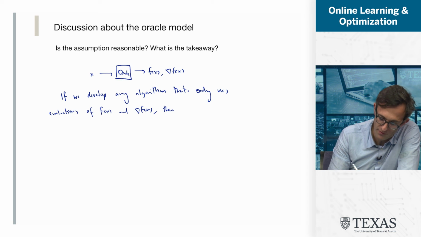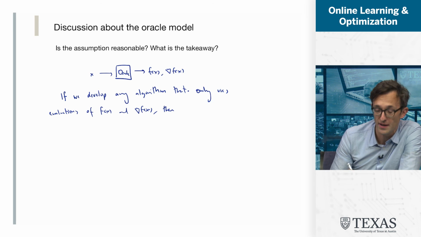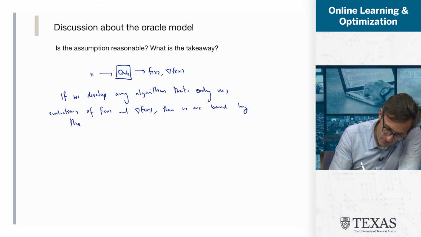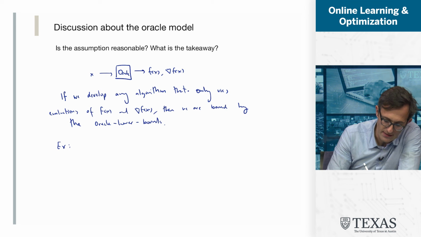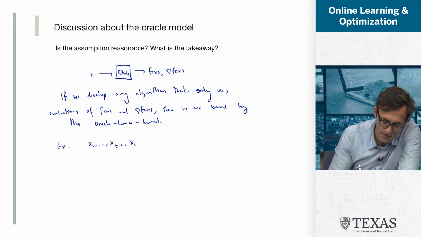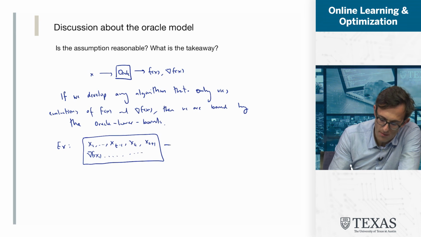So in other words, again, if we develop any algorithm only using evaluations of f of x and the gradient of x, then we are bound by what we've called these oracle lower bounds. So, just as an example, maybe it would be useful to keep track of our entire history of our trajectory and all of the gradients, and then have some complicated function that produces the next x t plus 1.